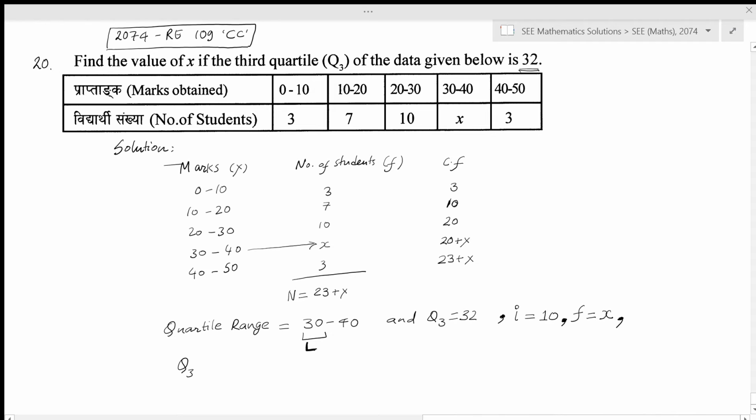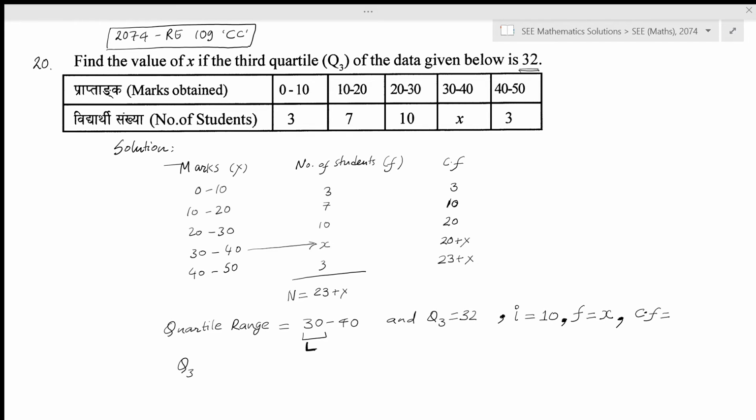And when we write the cumulative frequency in this formula, we choose the cumulative frequency of the class smaller than the actual class interval where the quartile lies.